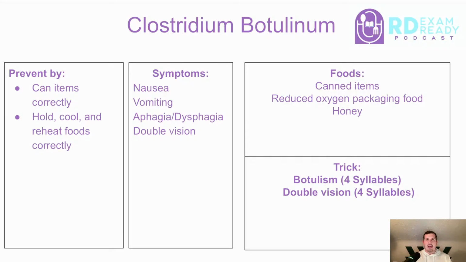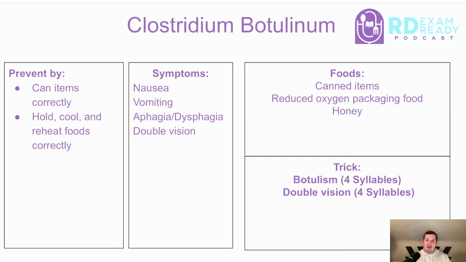Basically, what we're saying here is use your 6 hour rule to ensure your foods are not existing in that danger zone for very long. Get them cooled down, get them to a temperature where the bacteria is not going to be able to proliferate and form the spores. It does not grow very well in refrigerated or acidic foods.